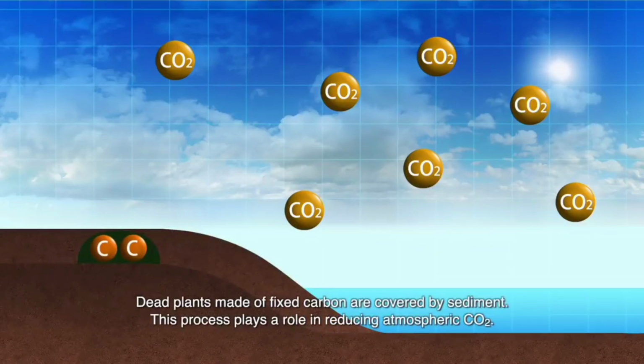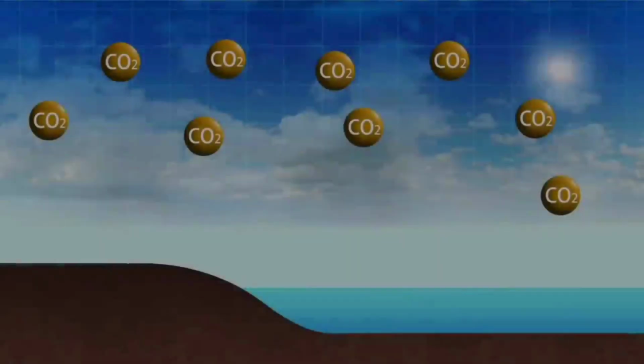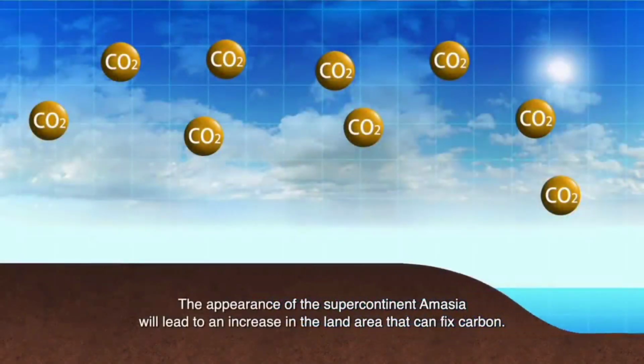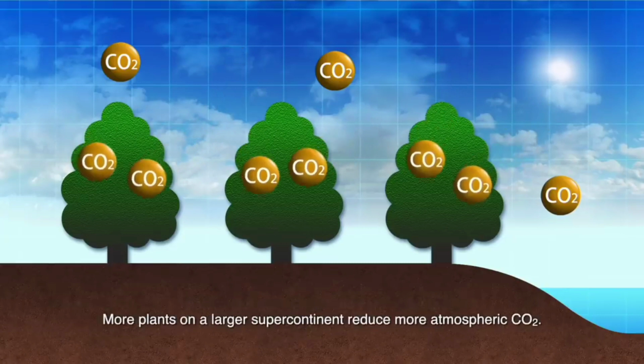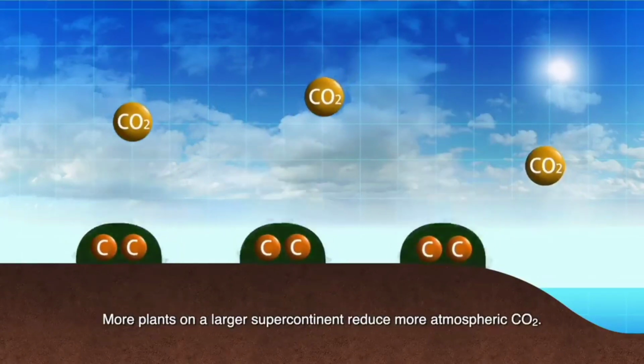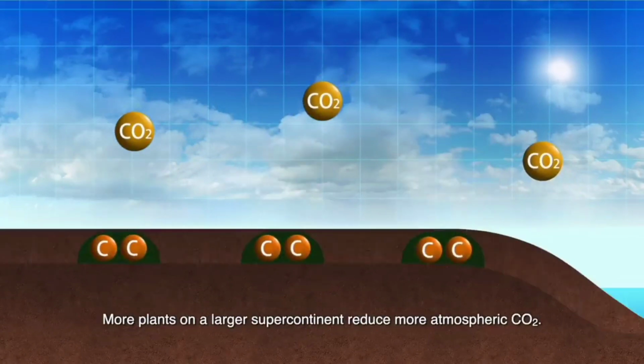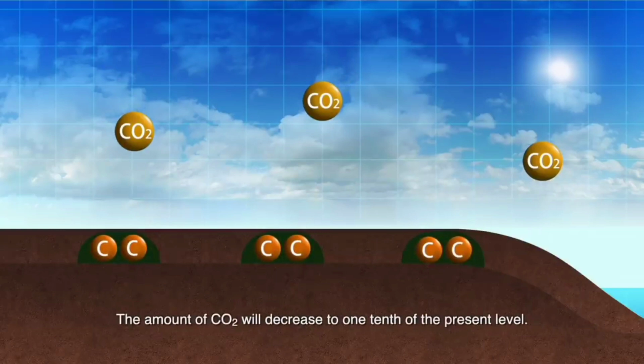This process plays a role in reducing atmospheric CO2. The appearance of the supercontinent Amasia will lead to an increase in the land area that can fix carbon. More plants on a larger supercontinent reduce more atmospheric CO2. The amount of CO2 will decrease to 1/10 of the present level.